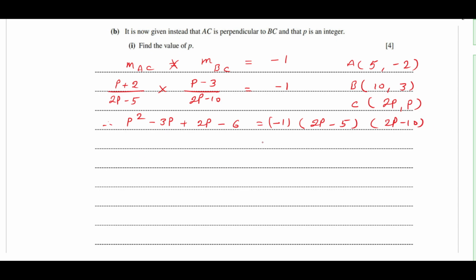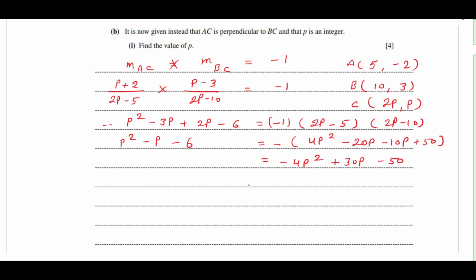We calculate it: negative 4p square minus 20p minus 10p plus 50. On this side it is p square minus p minus 6. And on the right side, it is minus 4p square, minus minus 30p which is plus 30p, and then minus 50.